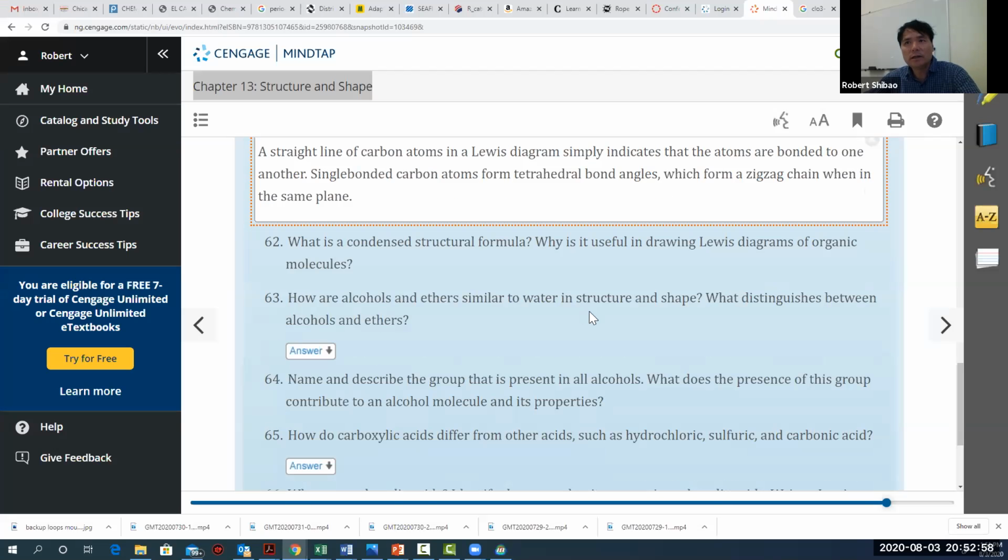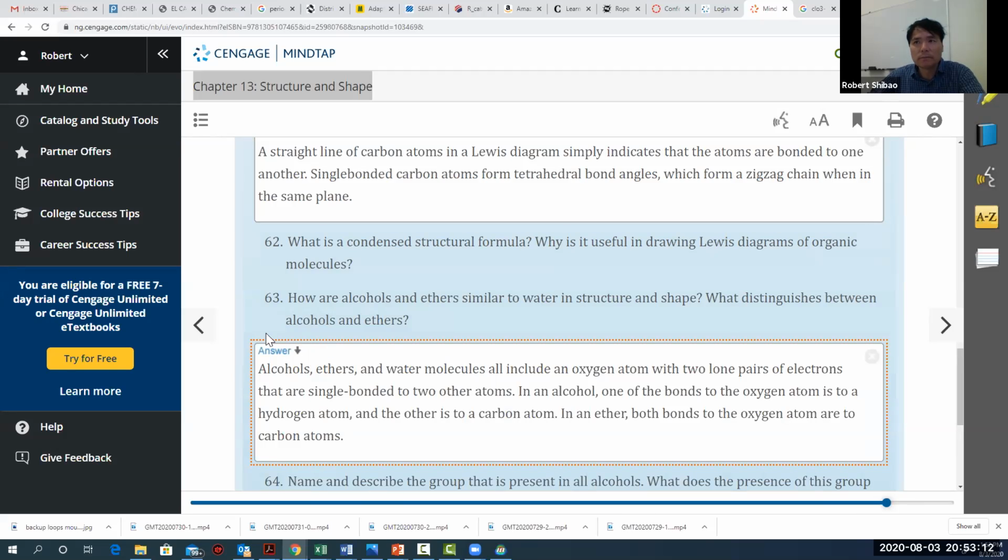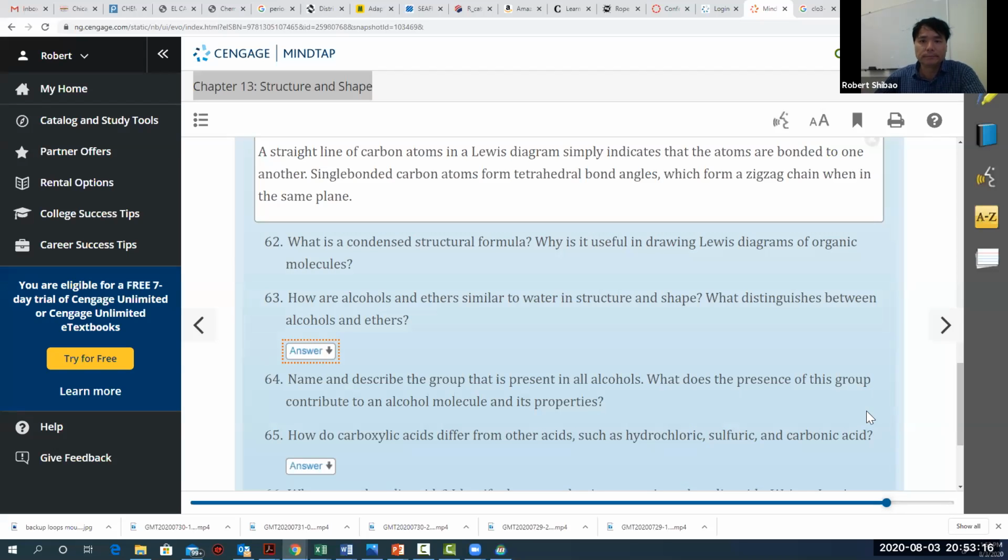Okay, alcohols and ethers are very similar. The only difference between an alcohol and an ether is that an alcohol has C-O-H, and ethers are C-O-C. That's it. So an alcohol is going to have a C-O-H link, and there's going to be a lone pair here, and the carbon's going to be bonded to other stuff.